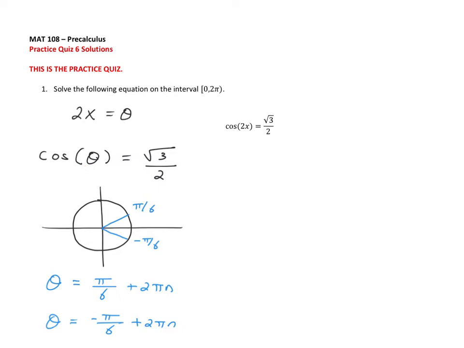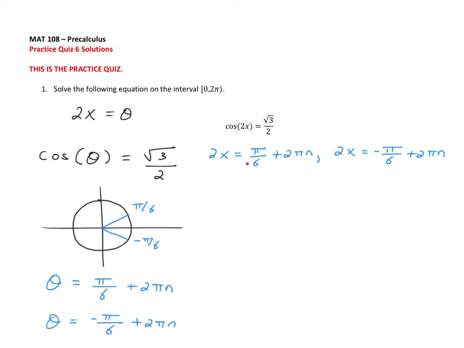What I'm going to do next is put 2x back in place of theta into these two equations. I'll put that over here. We have that 2x is equal to pi over 6 plus 2 pi n, but also 2x is equal to negative pi over 6 plus 2 pi n. Since we want to solve this equation for x, I'm going to solve this equation and this equation for x by dividing by 2 on both sides.